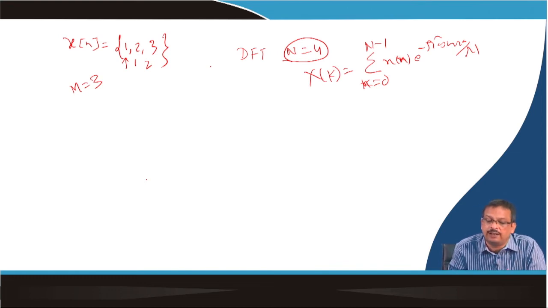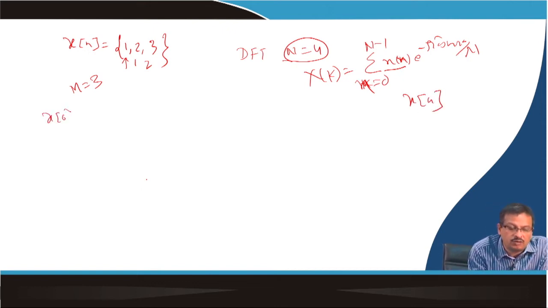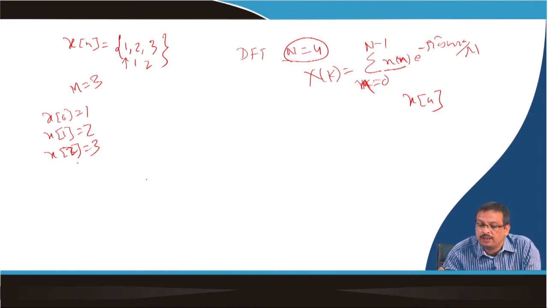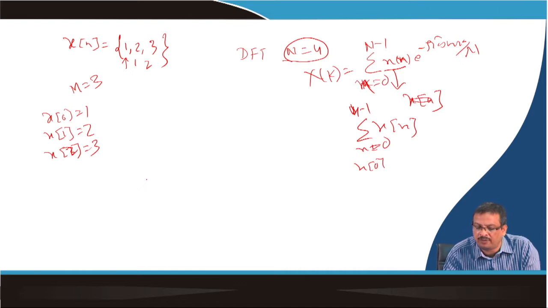If I want to do that, I do not have x of 3, because I have x of 0 is equal to 1, x of 1 is equal to 2, x of 2 is equal to 3. Here what will come? If n goes from 0 to 4 minus 1, then x of n will be x of 0, x of 1, x of 2, then x of 3, because this is 0 to 3, 4 minus 1 is equal to 3.